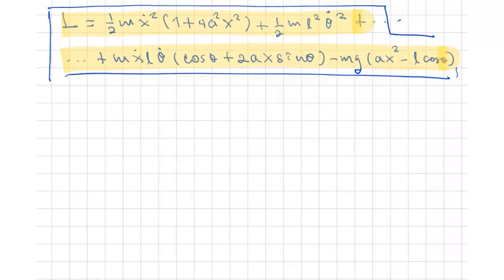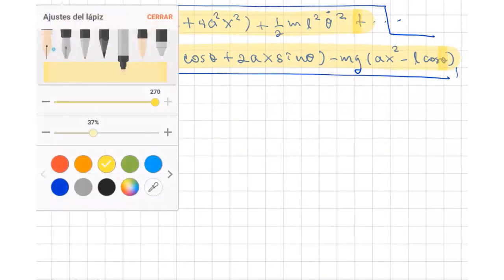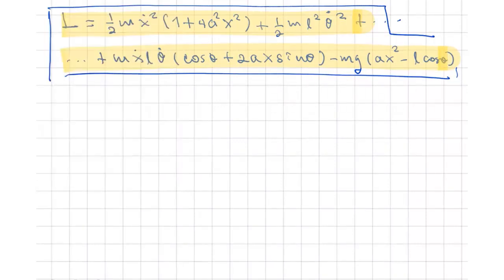Okay, with the Lagrangian, we are going to do something here. This is a problem a little bit complicated, so we are going to write the Lagrangian in this way. For example, if the Lagrangian is a quadratic function of the generalized coordinates.